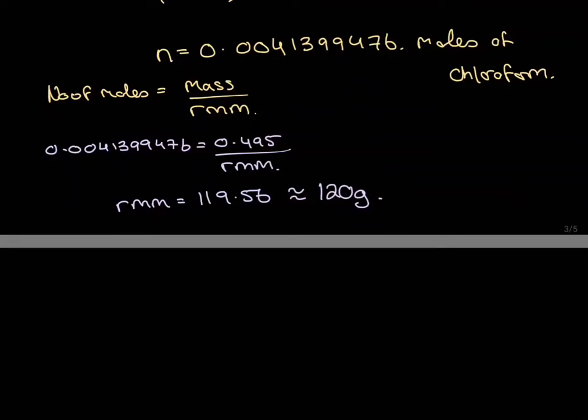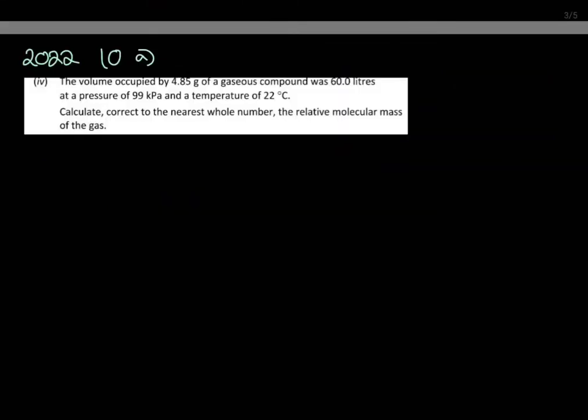So the next question that I'm going to do is an exam question from 2022, question 10A. You should be well able to do this one now, so I definitely recommend pausing the minute you see it all fully written out in front of you and giving it a go. Okay, here's the question, so you can pause now.